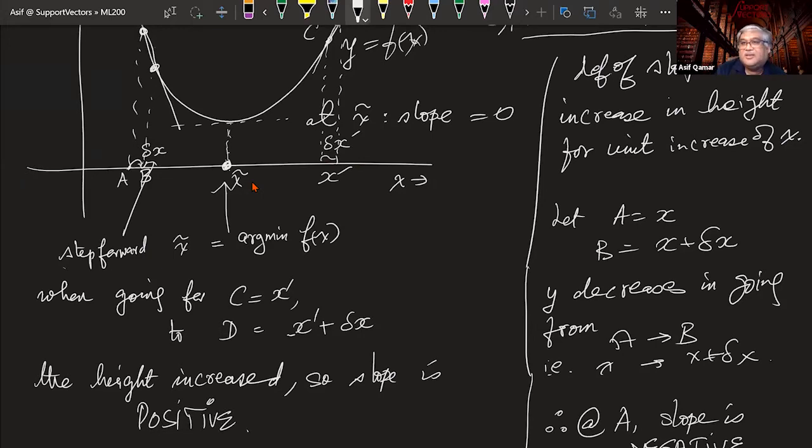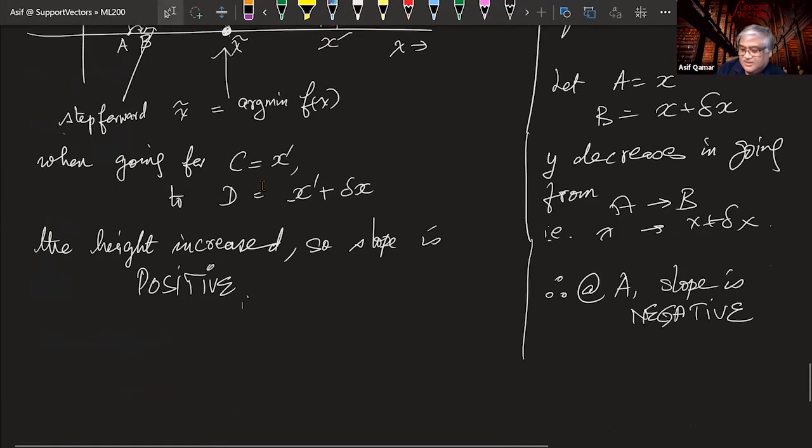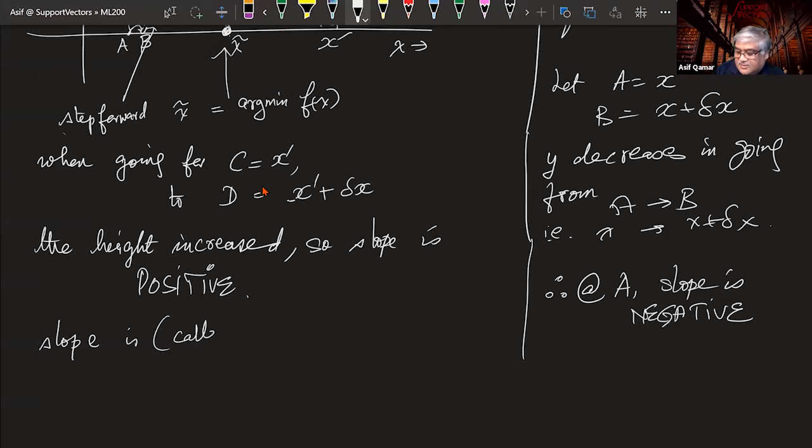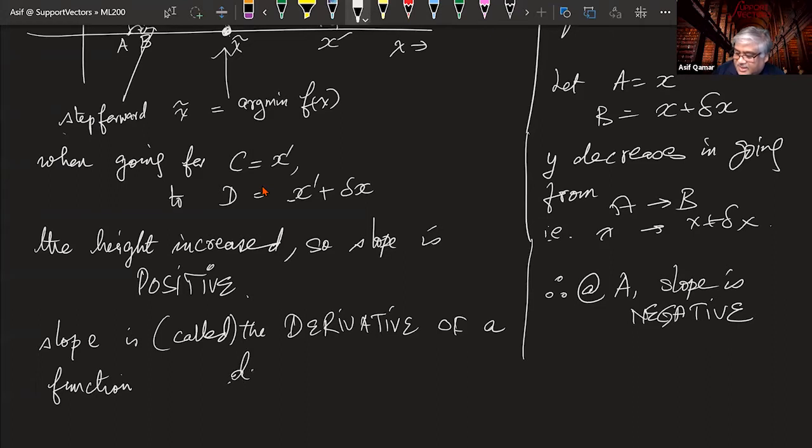Slope is also called the derivative of a function, right? It is usually written as df(x)/dx or dy/dx.